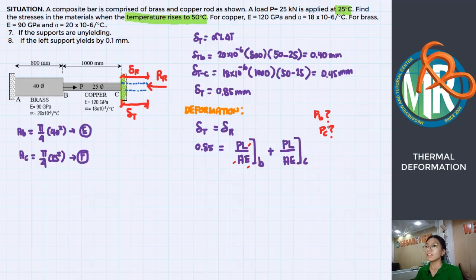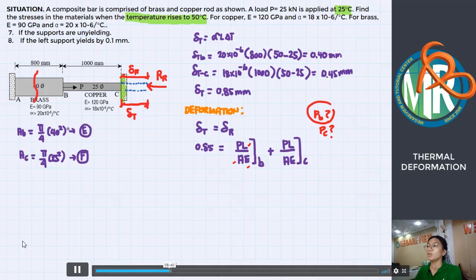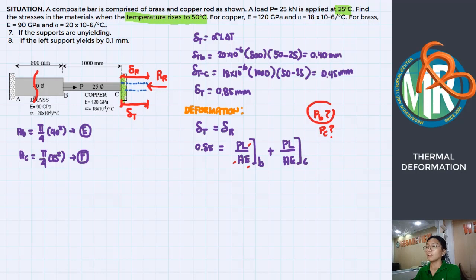Kunin muna natin si force of the brass rod. So, paano ba makikita yung force ni brass rod? If ikakat natin yung mismong material na yon. Say, dito natin ikat. And let us consider the right cut member. Now, here is your cut member.